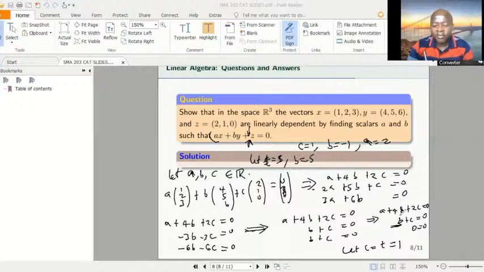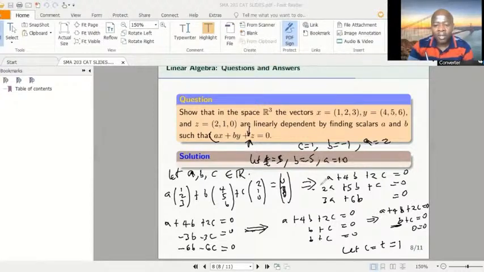So if b is -5, we are talking of -20 at this point, and then 2 times 5 will be 10. So -20 plus 10 will be -10 plus a. So it means that a will be 10.